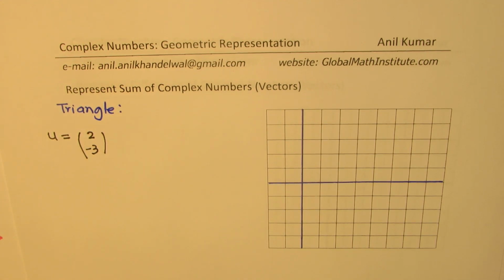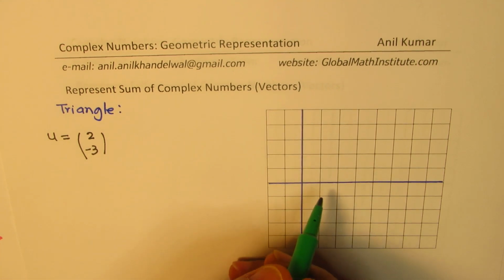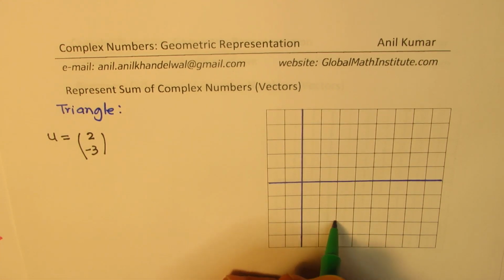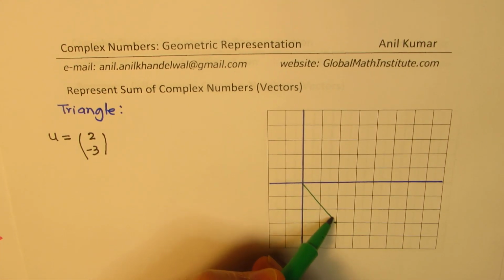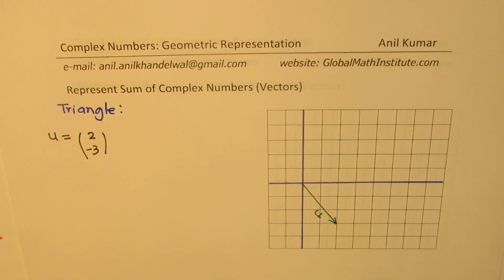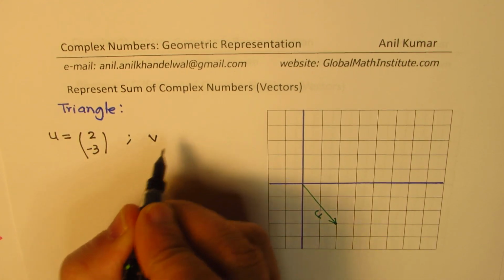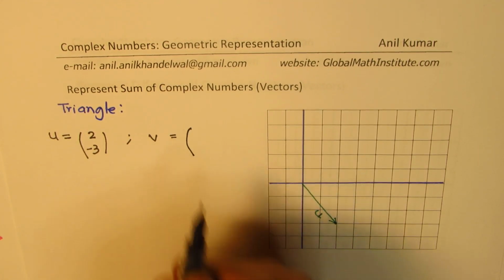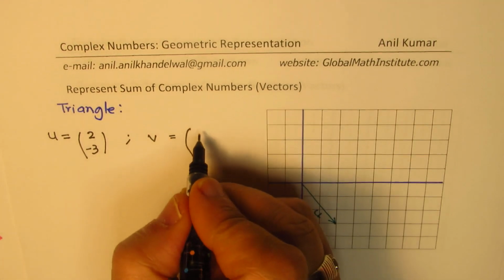So this vector u is 2, minus 3. Let me sketch this. 2, minus 3 means here, right? So this is the vector 2, minus 3 for us, the vector u. We want to add to this the vector v, which is, let us say, 3, 5.